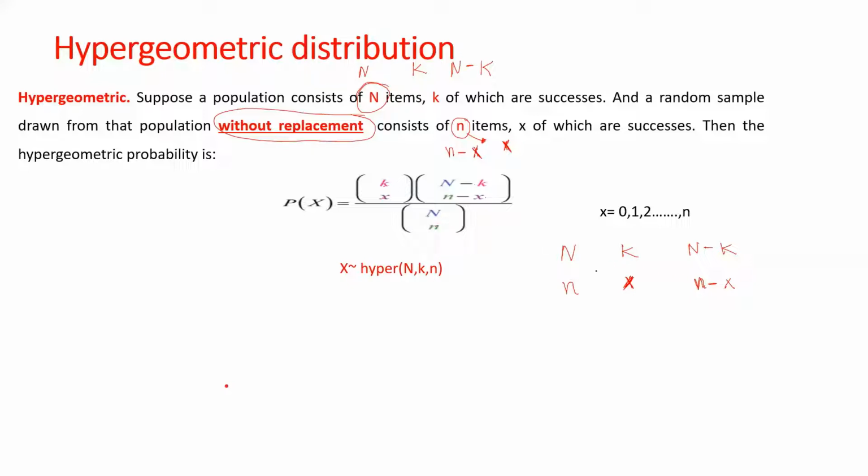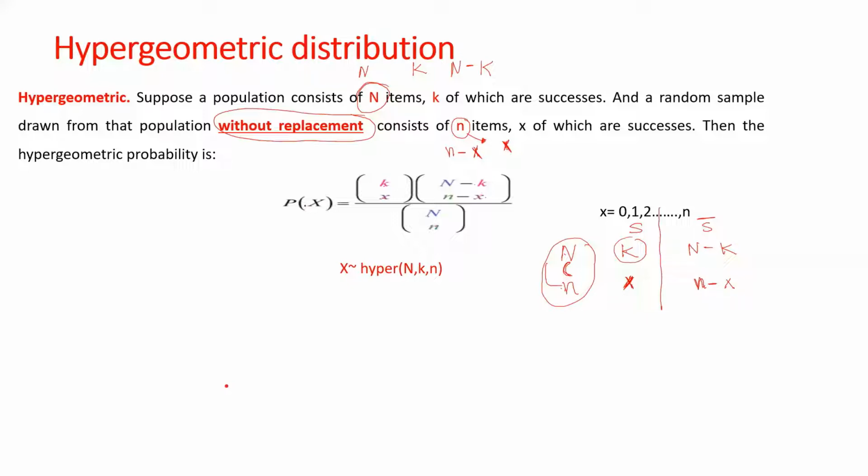So this is the total number of selections and comes from N. So we choose n small out of N capital, and we divide this N into two parts. This is our population. We divide it into K success and N minus K not success. Our sample also we divide into two parts, X success and n minus x not success.